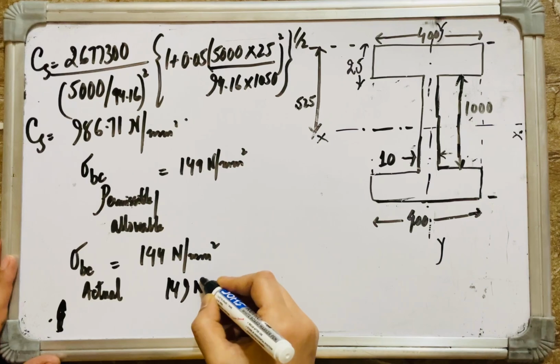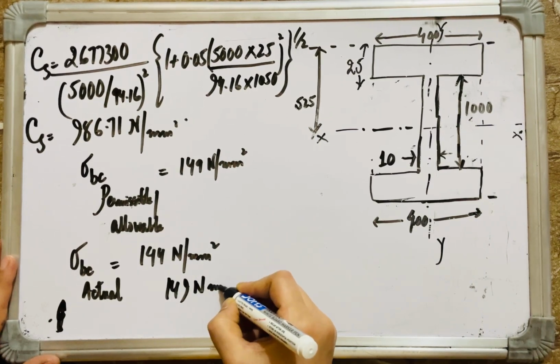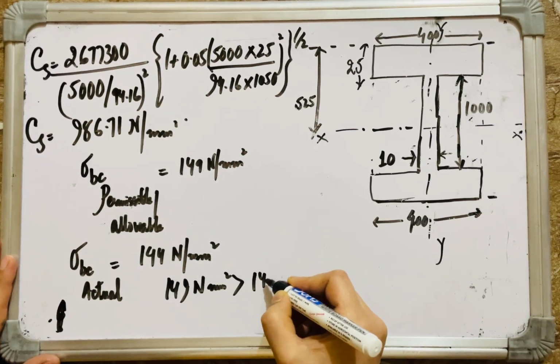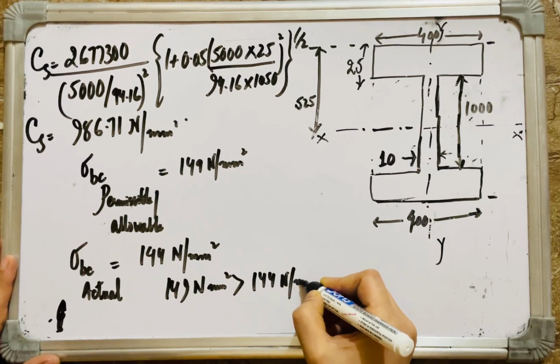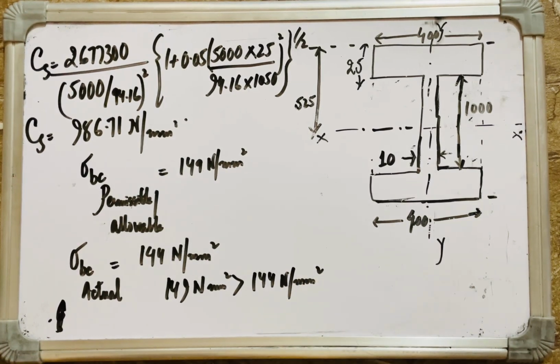Since 149 Newton per mm square is greater than 144 Newton per mm square, that means my actual bending stresses are less than the permissible or the allowable bending stresses or the flexural stresses.